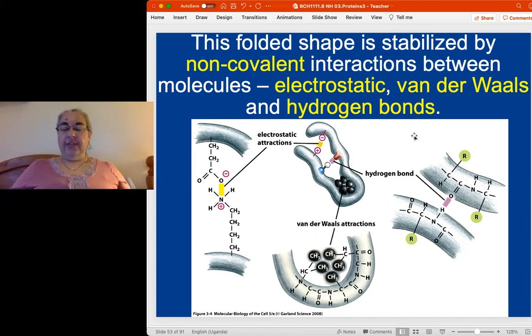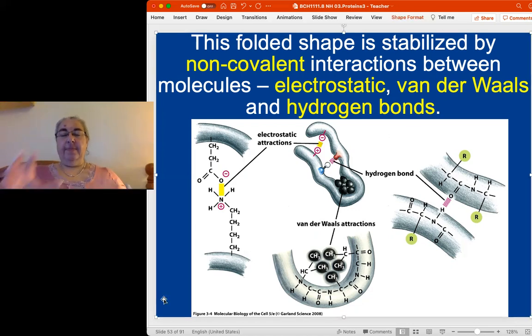So all these things are acting together: the limits set by rotation and steric hindrance in the polypeptide chain, the hydrophobic and hydrophilic preferences of each of the amino acid residues, and the non-covalent interactions between different parts of the polypeptide chain.